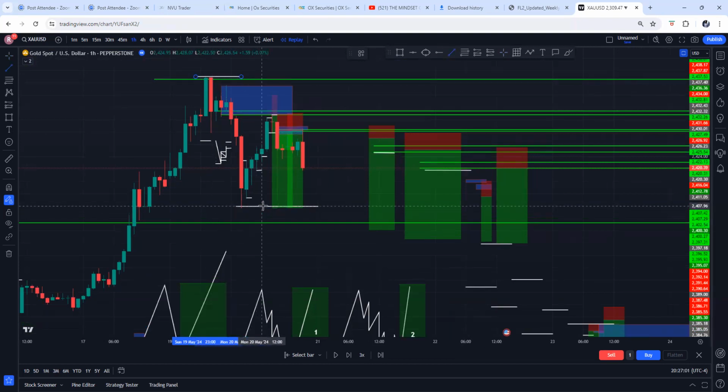This became a low on the 1 hour. Price came up here. Did price break this high? No. So what does that make the low? Strong low or weak low? It's a weak low, guys.